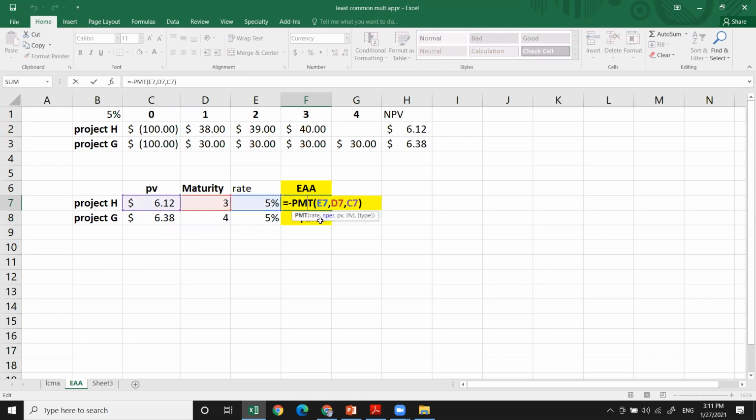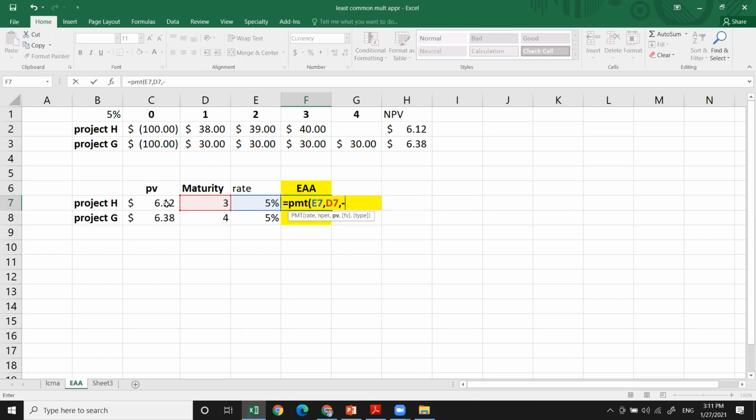So first, you put the rate, 5%. Second, you put the number of periods, which is 3. Let me just repeat it. So PMT, open the bracket, put the rate, 5%, put the number of periods, put the present value.